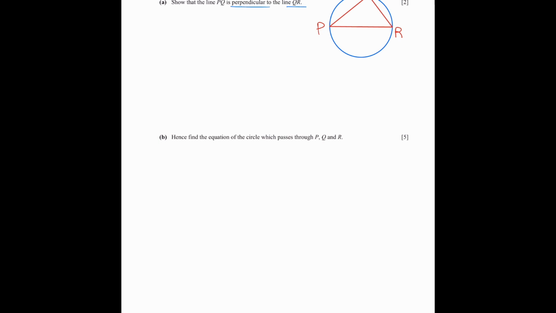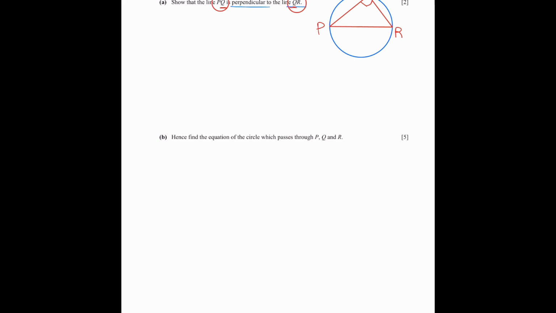So this is Q. Now according to the question, show that the line PQ is perpendicular to QR, that means we have a right angle at point Q, and this is what we have to show.